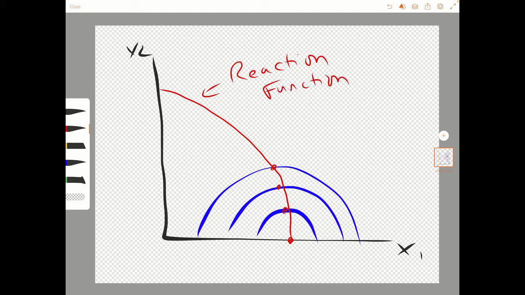The reaction function is the best output for any firm given what the other firm produces. So if firm 2 produces this amount of output here, so we'll just say this is x2. What firm 1 wants to do is go across to its reaction function and produce that amount of output, because that's the best they're going to be able to do.